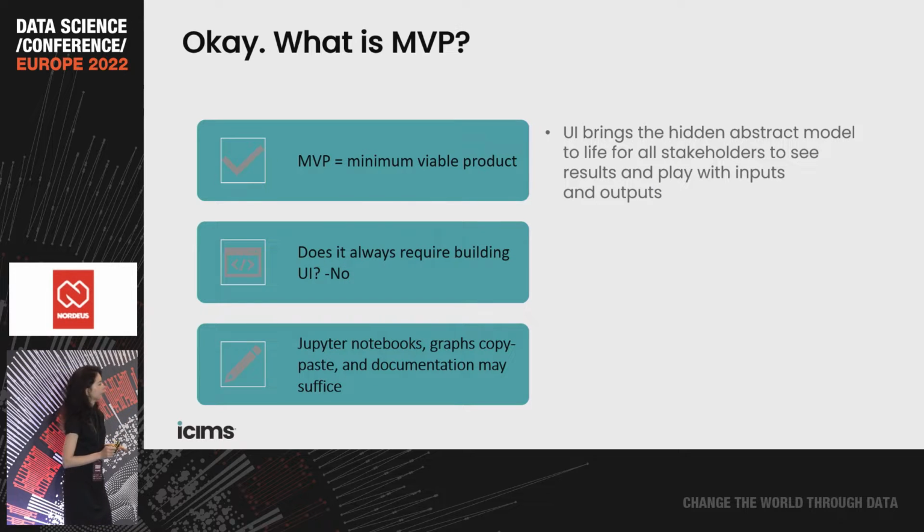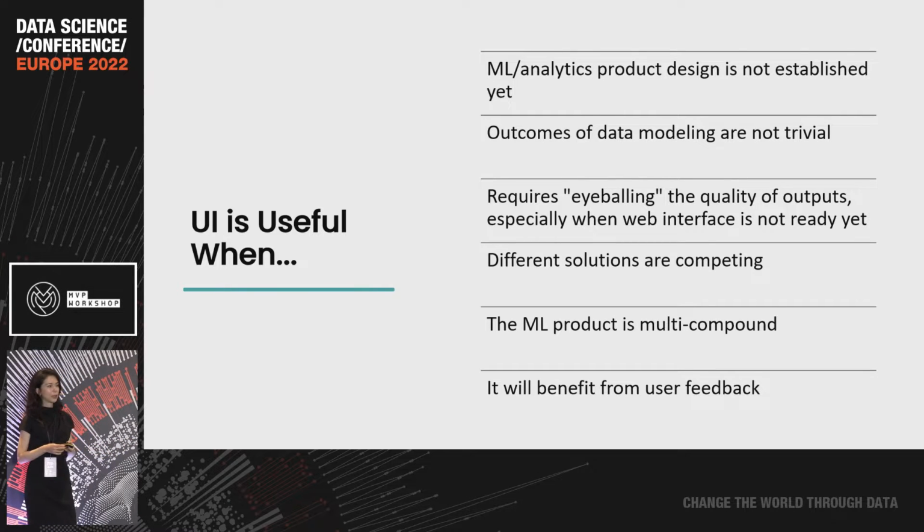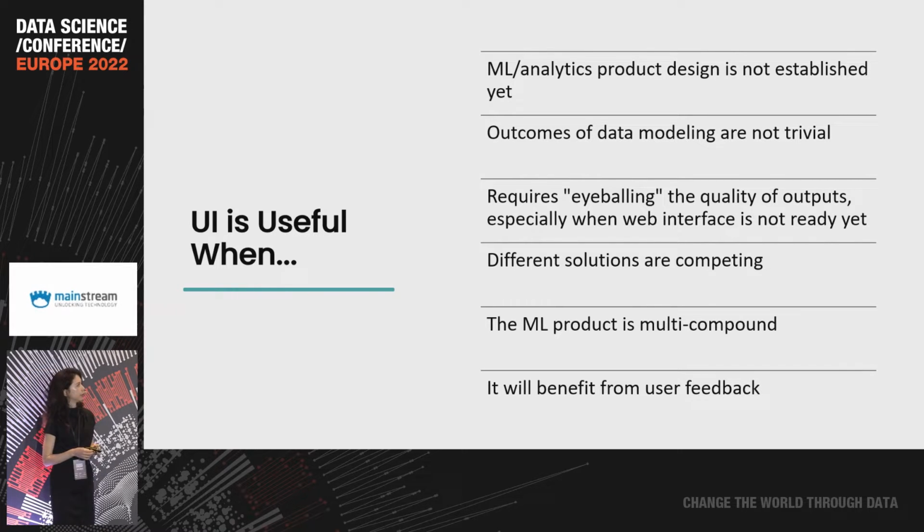But what UI really does is bring the hidden abstracts to life and allow stakeholders to interact and play with results and change outcomes based on input. And here are a few criteria which can help to define when UI is useful to build.